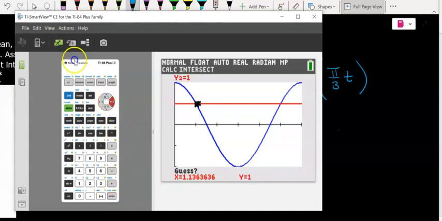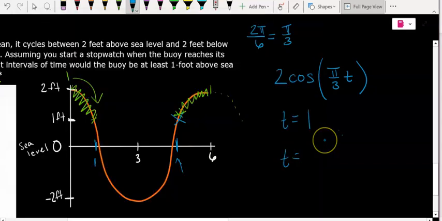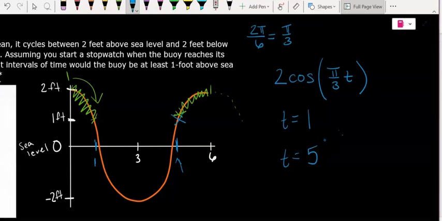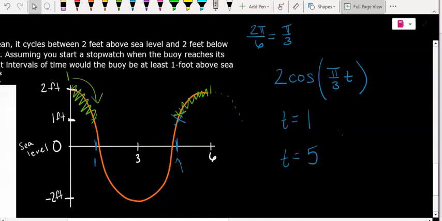And so now I'm going to scroll right on over here to my other intersection. And I get 5. Okay, so 5. So at 1 second and 5 seconds, that's what I've got right here. So basically, I'm going to write this in a set of intervals.